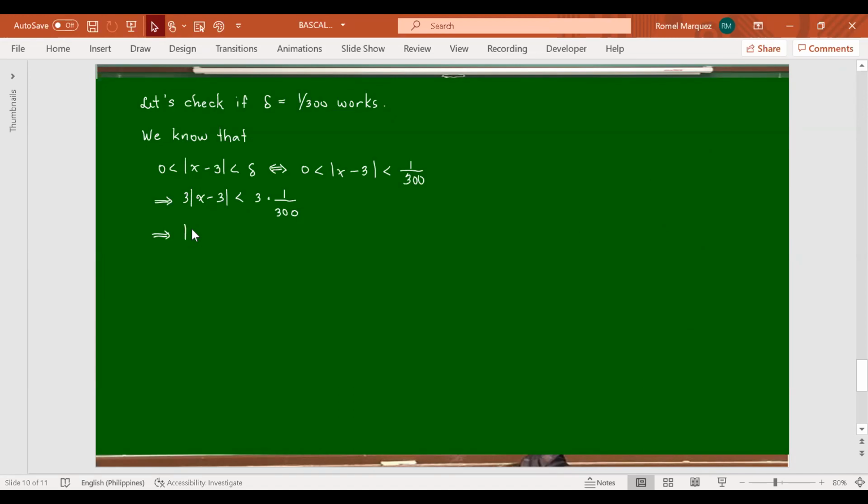So that is equal to absolute value of 3 times (x minus 3). And that is 3 over 300, which is 1 over 100, right? And we know that inside is 3x minus 9, okay? And that is less than 0.01. That's it, guys.